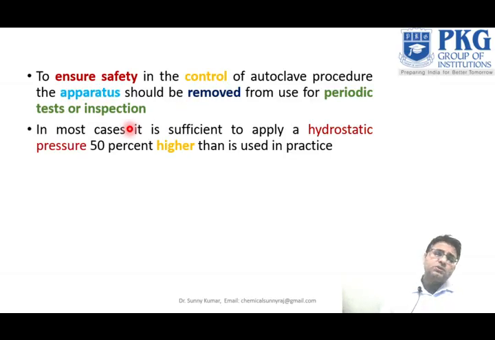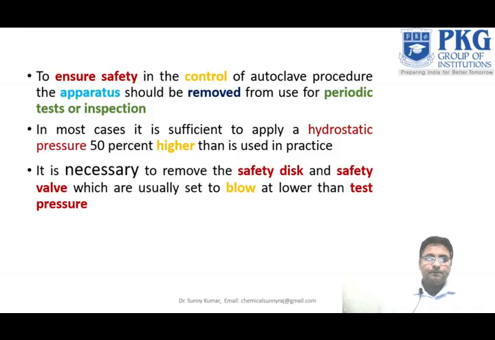In most cases it is sufficient to apply a hydrostatic pressure which is 50% higher than in practice. It is necessary to remove the safety disc and the safety valve, which are usually set to blow at a lower pressure than the test pressure.